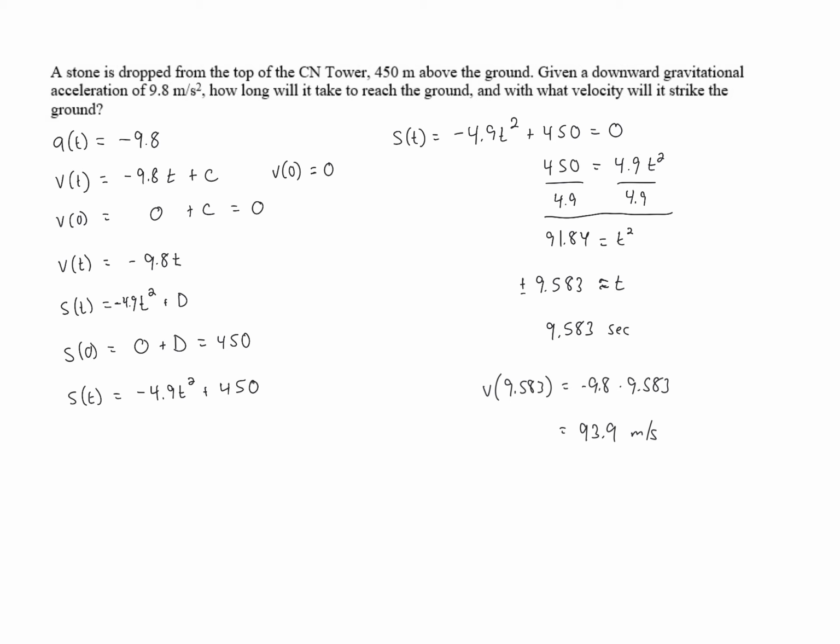Well, the ground has a position of 0, so plug in 0 and solve. We want to know the velocity at that time. Well, we've got an equation for the velocity. Plug in the time, and there you go. So it's really all about taking these antiderivatives and using the information we're given to figure out the values of those constants. Once we have the equation for position, we can pretty much figure out anything we need to. So there you go.